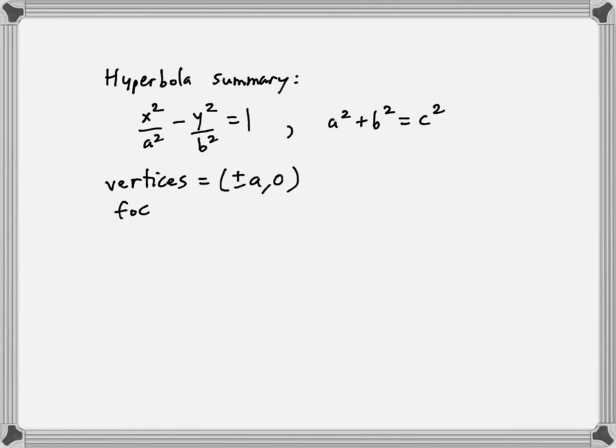And we have the foci, which are going to be plus or minus c, 0. And we also have the asymptotes, which is going to be y is equal to plus or minus b over a times x.